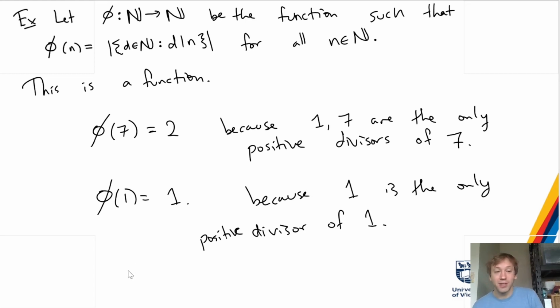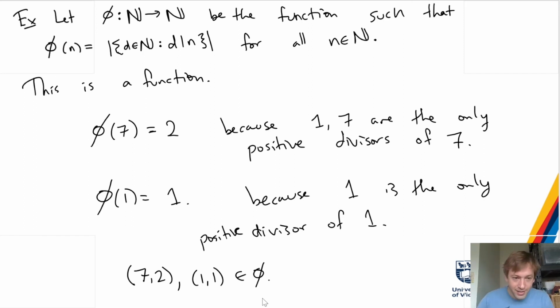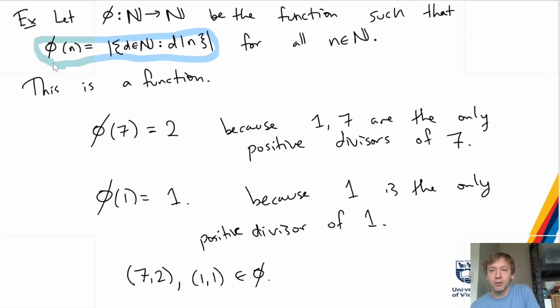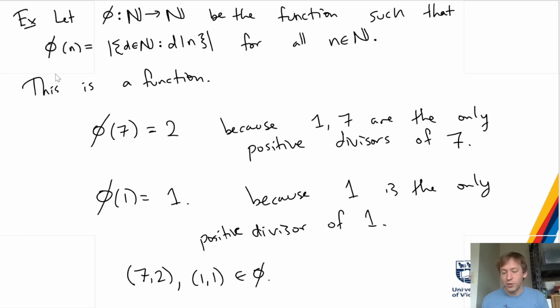So if we think of phi as a relation, we would say that the pair (7, 2) and the pair (1, 1) are in phi. To be honest, in most cases when we deal with functions, we will probably just define them by specifying the image of each element in the way we have here, by writing phi of n equals some sort of formula. But you should also realize that a function, formally speaking, is a relation. So it's a set of pairs in A cross B, where A is the domain and B is the codomain.